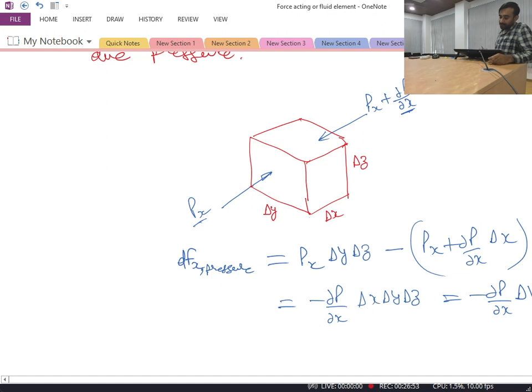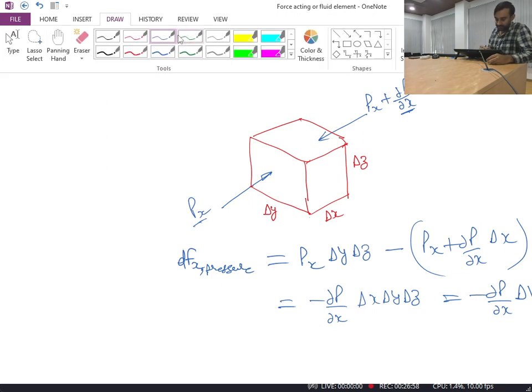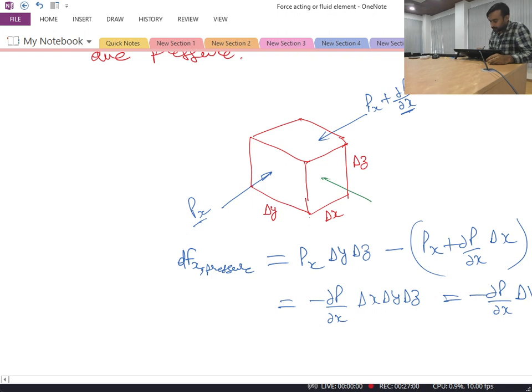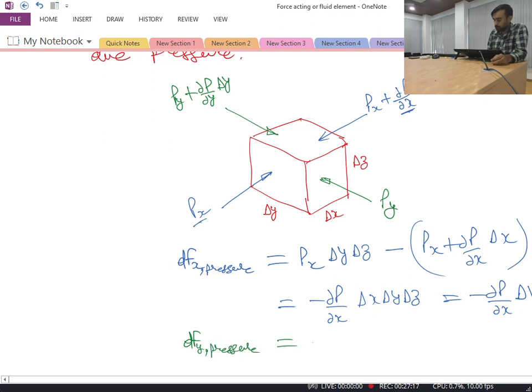Okay, now similarly in the y direction there will be pressure py over here, and on the opposite face the pressure is py plus del p by del y into delta y. So if you calculate the force in the y direction because of the pressure, that will be equal to minus del p by del y into delta v.